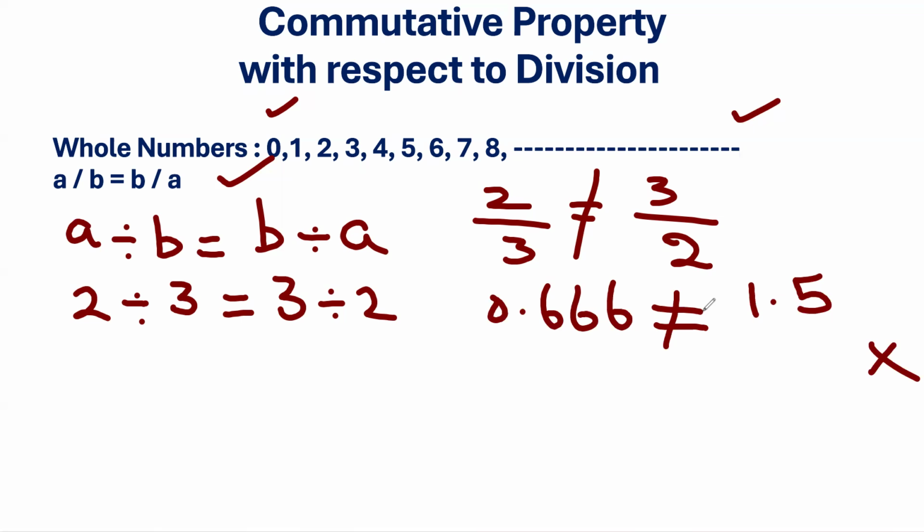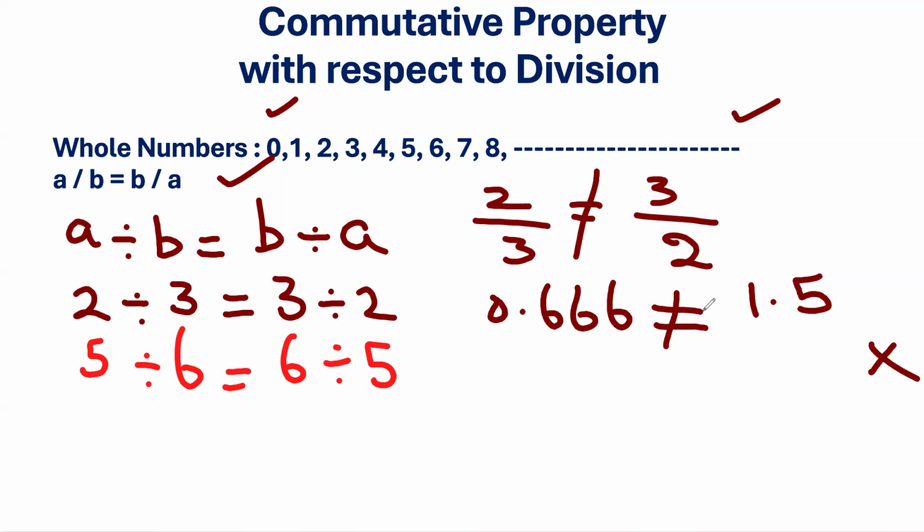Let's take one more example of commutative property with respect to division. Another example, you can take 5 and 6. 5 divided by 6. Just check, is it equal to 6 divided by 5? It's not equal in any case. A and B should be different elements, right?